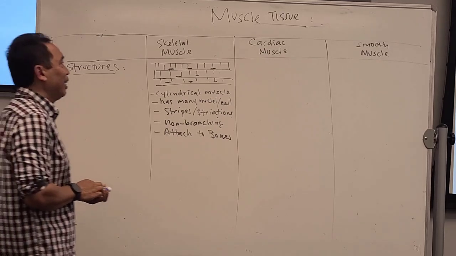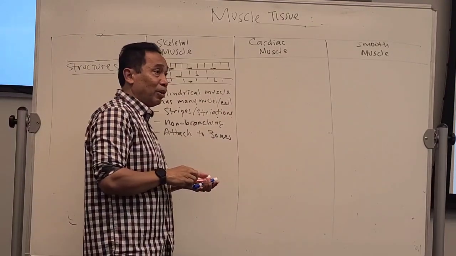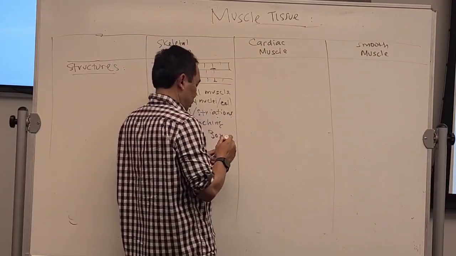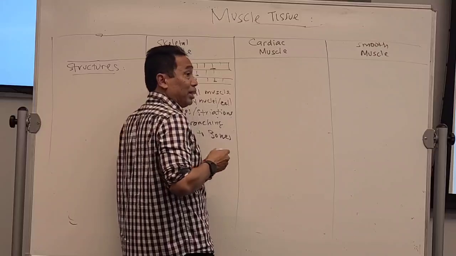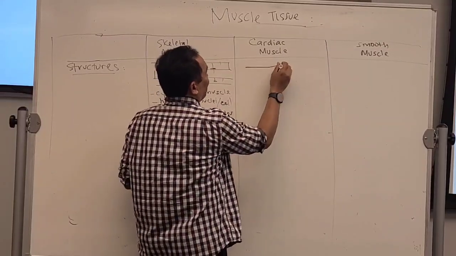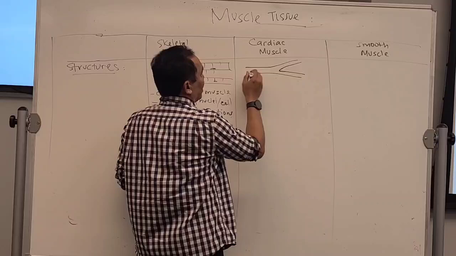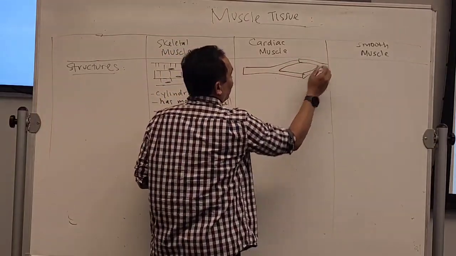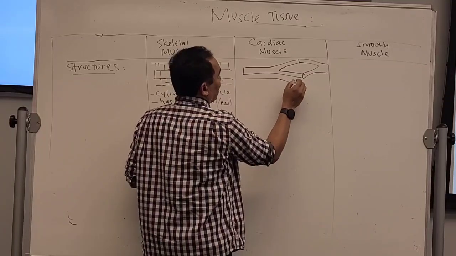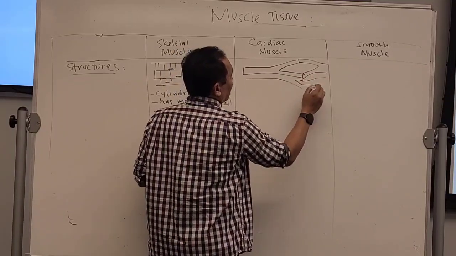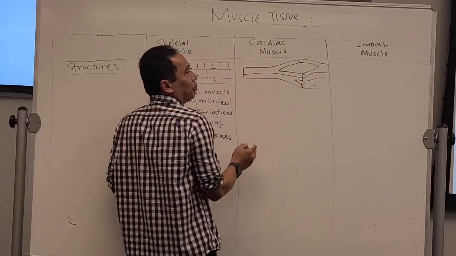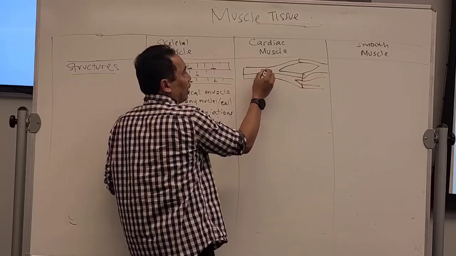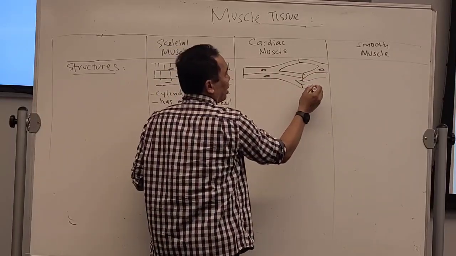The second one is cardiac muscle. Cardiac muscle is also cylindrical. It looks like a cylinder, but it's branching. Let's say maybe it looks like this, and it's shorter. So you will have another muscle maybe over here. Because it is shorter, what happened? It only has one nucleus per cell.